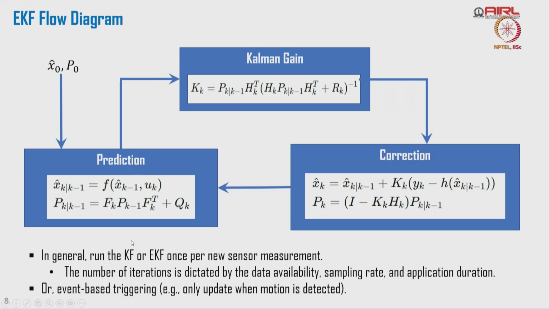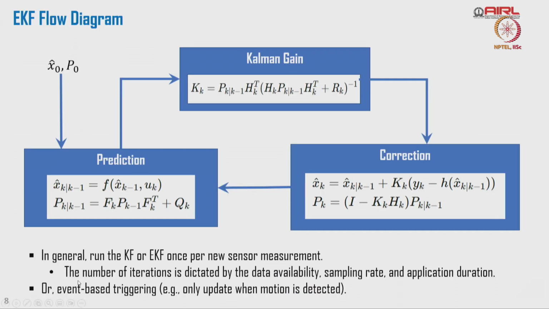In general, we run the Kalman filter or EKF once per new sensor measurement arrival. The number of iterations is then dictated by the data availability, sampling rate, and application duration. Some event based triggering is also possible. When the output or measurement arrives, at that time we can run it. So, the tuning can be very much event based triggering. Okay.